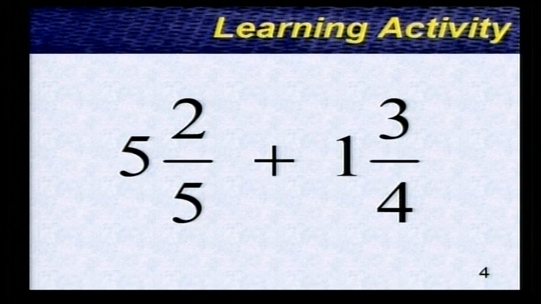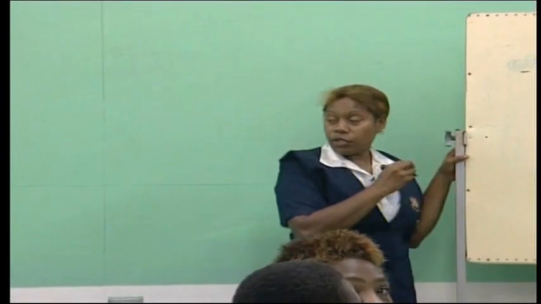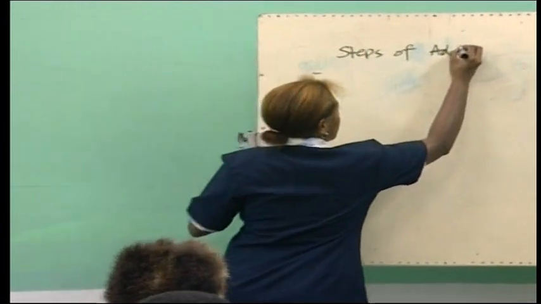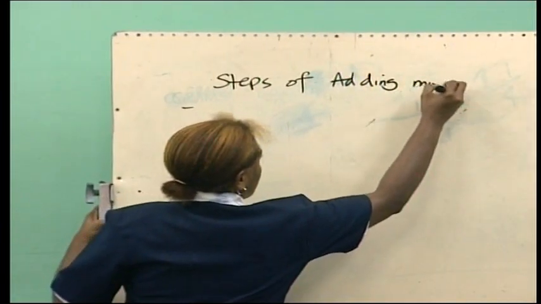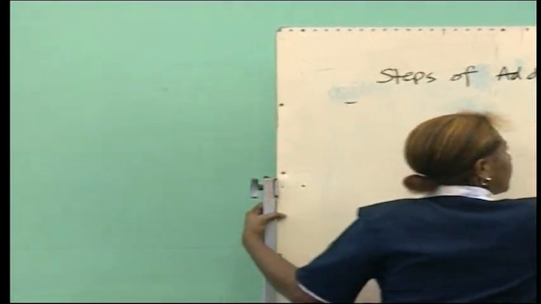Clement? Write the first mixed number as an improper fraction. Okay, sorry, Clement, you said write the first mixed number as an improper fraction.